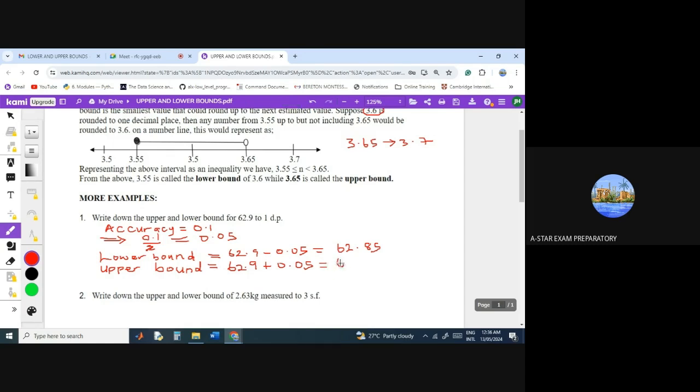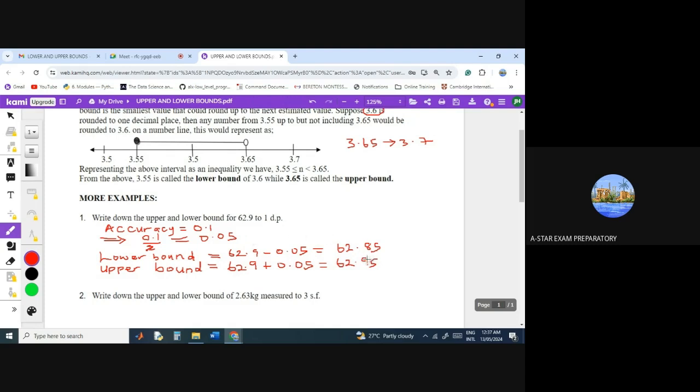Excellent. So these are the solution for us to write the upper and lower bound for 62.9. The lower bound is 62.85, while the upper bound is 62.95, which we round up to 63.0.